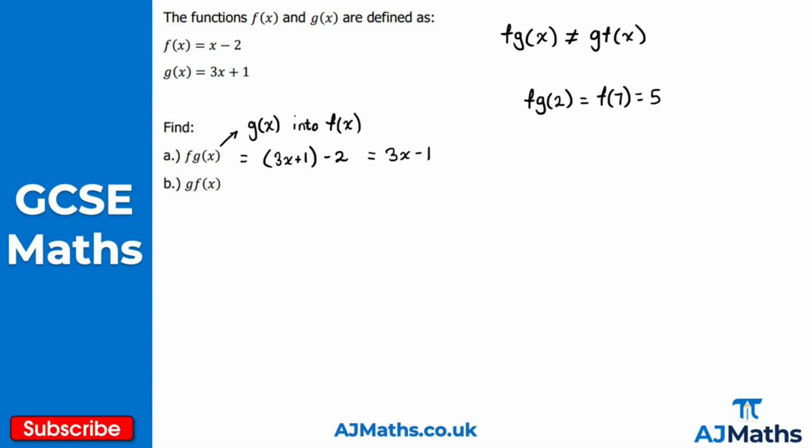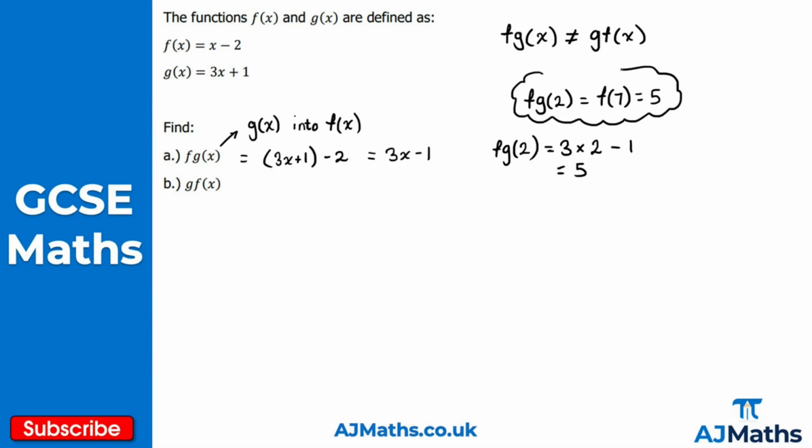Now to verify that, we can substitute that into fg of x here. So if I do now fg of 2 again, using this here, this is going to be 3 times 2, because x here is 2, minus the 1. So 6 minus 1, giving us the 5. So notice we get the same thing.